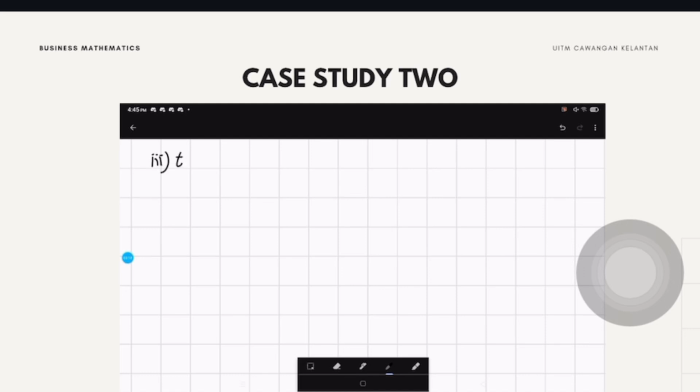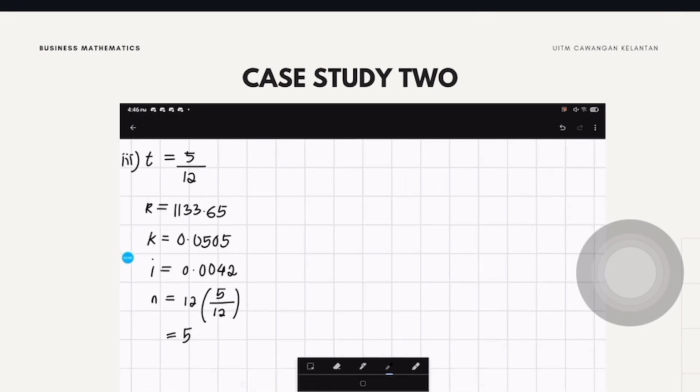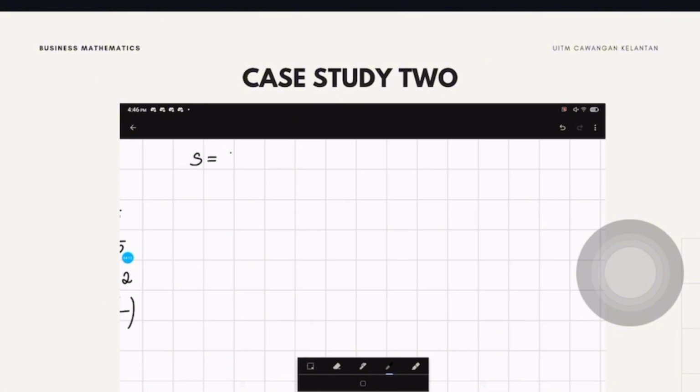T equals 5 over 12, R equals 1133.65, K equals 0.0505, I equals 0.0042, N equals 12 multiplied by 5 over 12, so N is 5.